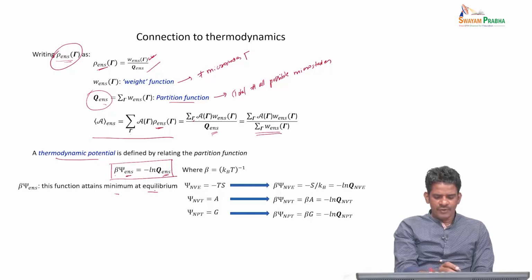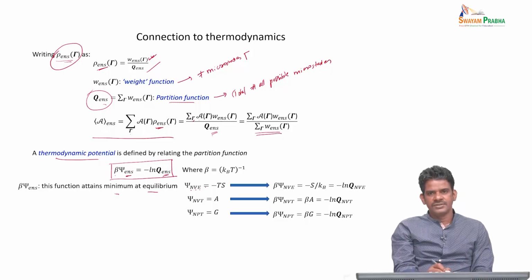So now I'm going to substitute different ensembles and show you what this potential means. For example, if you specify NVE, that is basically an isolated system, because the energy is held constant, volume is held constant, and the number of molecules is also held constant. In this particular ensemble, the potential is nothing but minus TS, where T is temperature and S is entropy.